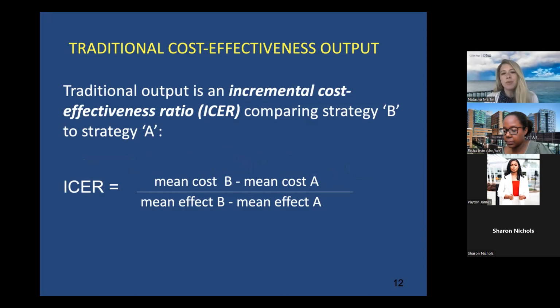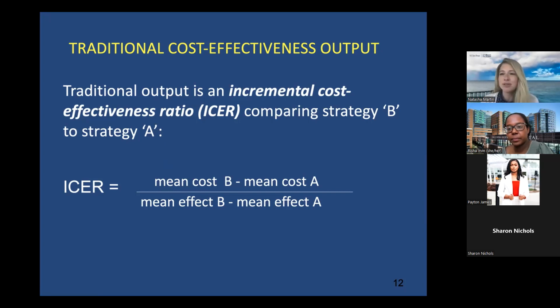And we calculate what's called an incremental cost effectiveness ratio. It sounds complicated, but it's very simple. It's just the difference in the cost of the strategy divided by the difference in the health benefits of the strategy. So it's the incremental cost divided by the incremental benefit.